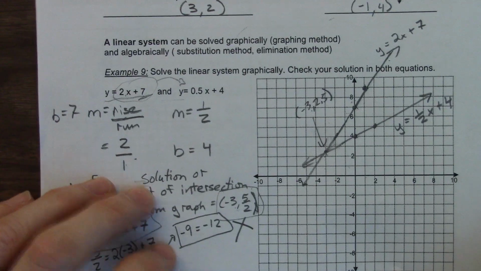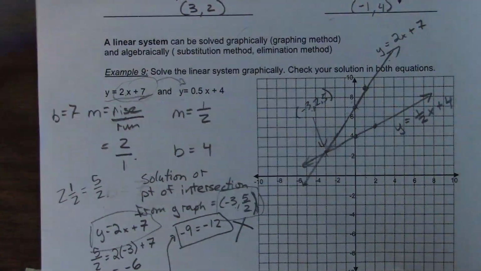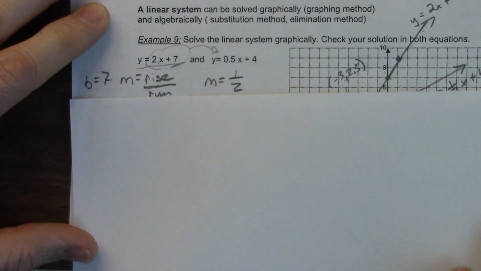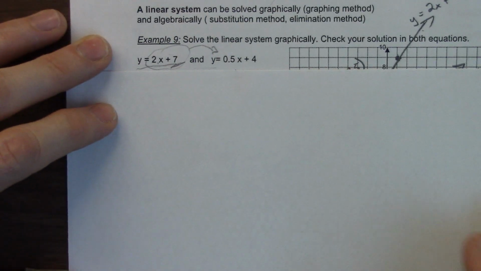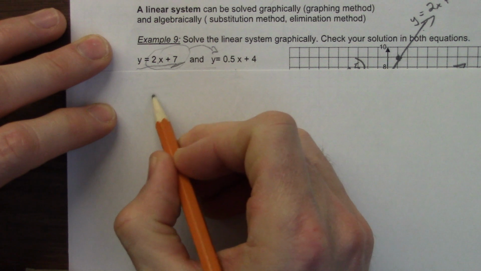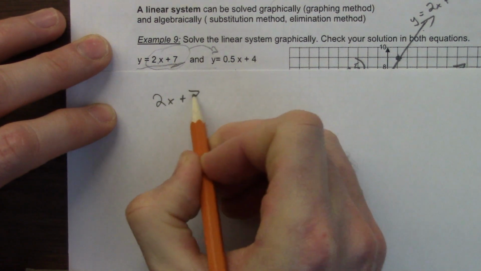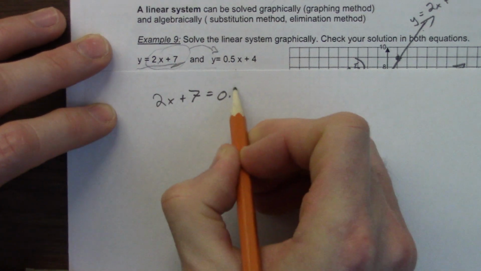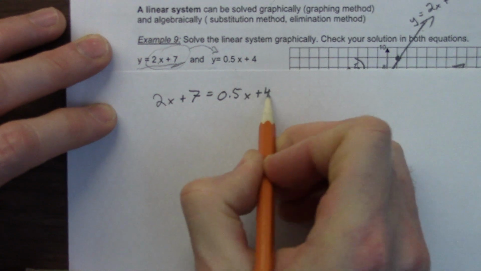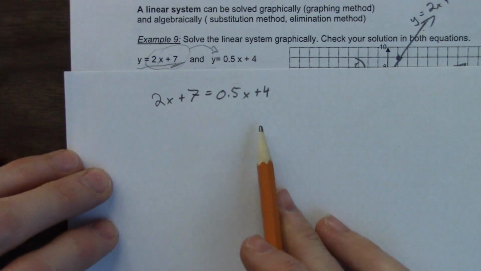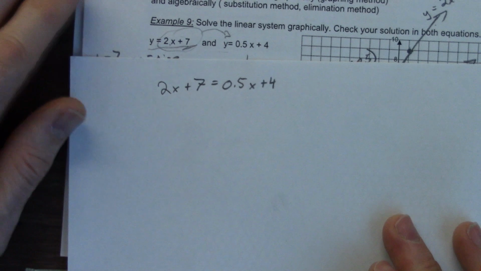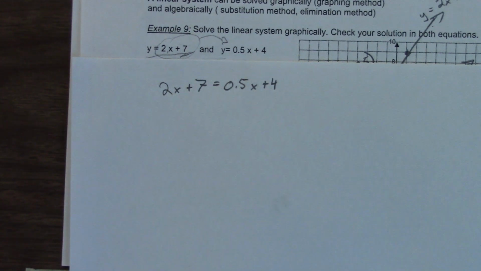All right, so let's do that right here. Watch what I do here. I'm going to say 2x plus 7 is equal to 0.5x plus 4. Everyone understand why I did this? You need to understand why I did it before you can understand how to solve it.